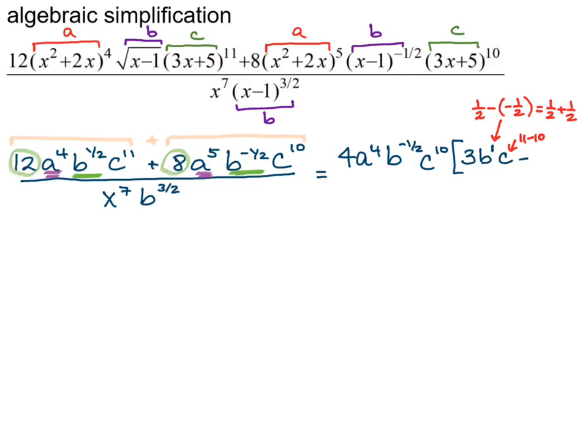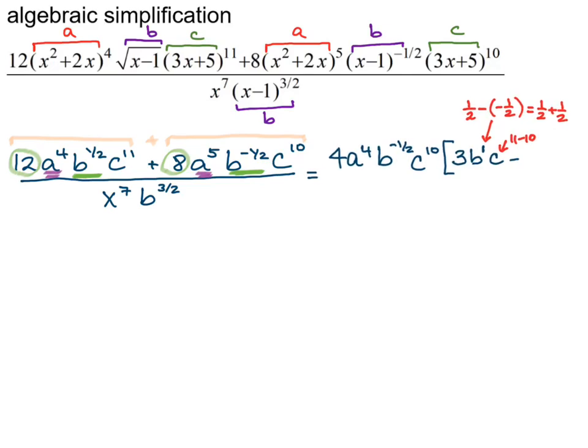Then, after that, from the second part of the expression, I have 8 divided by 4 is 2. Then I'm going to have an a left because I took out a to the 4th. And then the b's and c's are gone because I took out b to the negative 1/2 and a c to the 10th. And now I have x to the 7th, b to the 3/2.